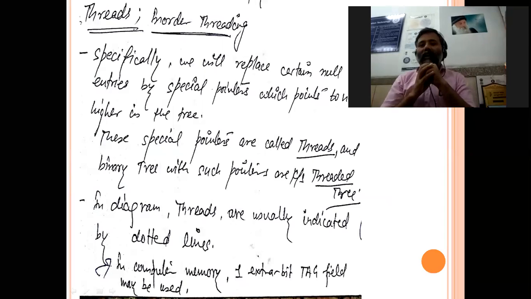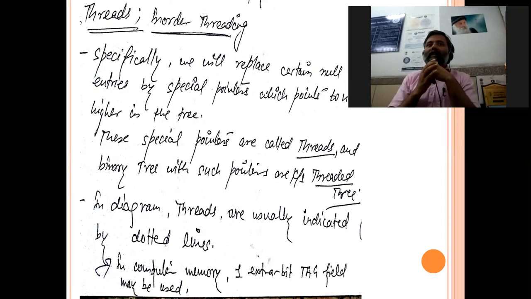We know that in a binary tree, if the left subtree or right subtree is empty, then in the linked list implementation, the pointer which would point to the left or right subtree we keep null if the subtrees are empty.